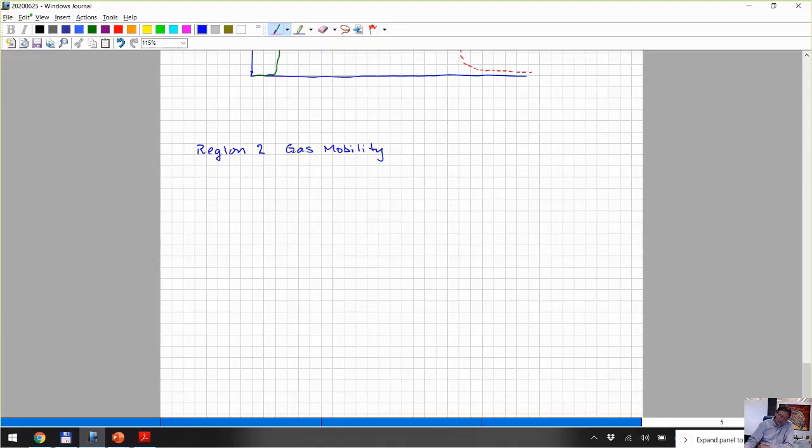First thing is that oil mobility, KRO over mu, is essentially 0. So that gives us then the gas mobility is only KRG over mu G BG.